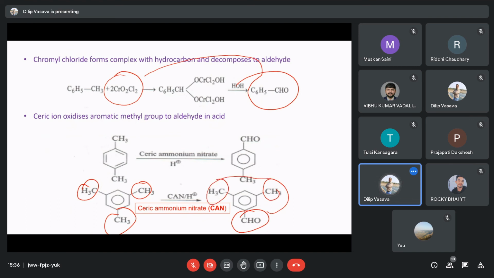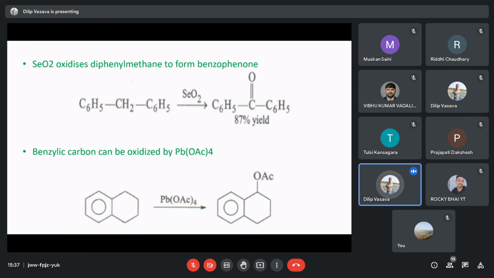But if you utilize Cr2O7 or KMnO4, then all the alkyl groups are going to be oxidized. CAN has the specificity so that it oxidizes only the specific alkyl group. Selenium dioxide at higher temperature also oxidizes, giving the ketone, but it requires around 300 to 500 degrees Celsius in complex moieties.